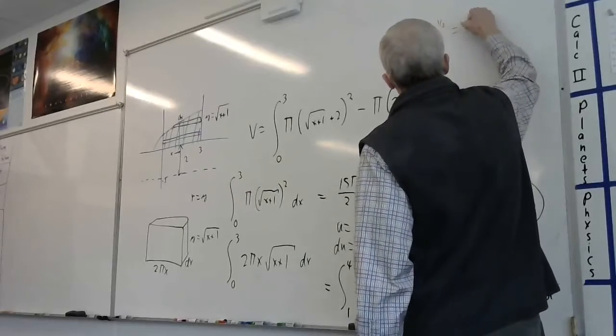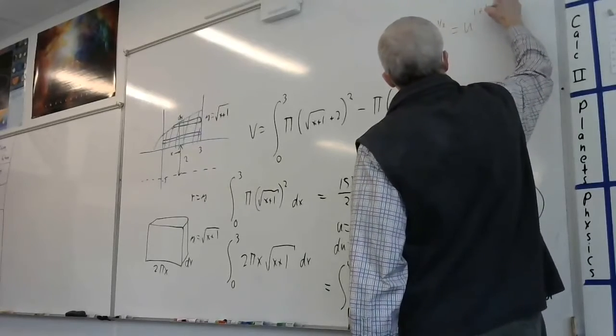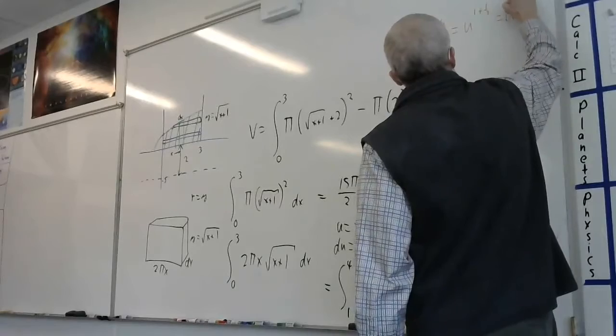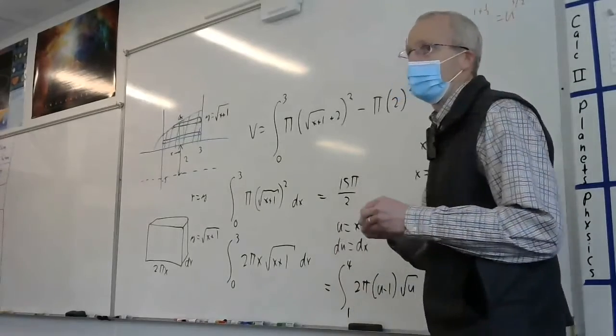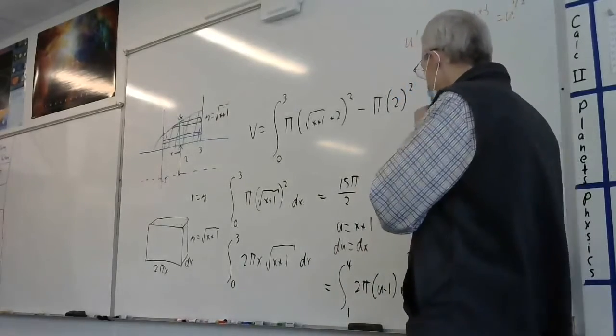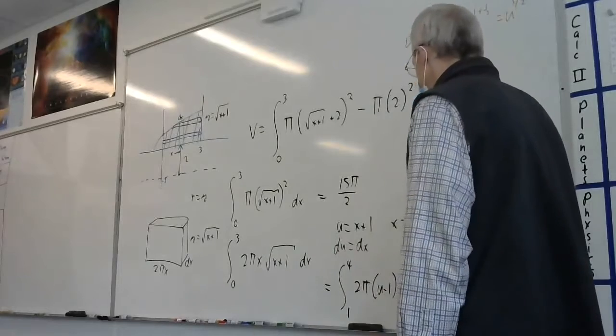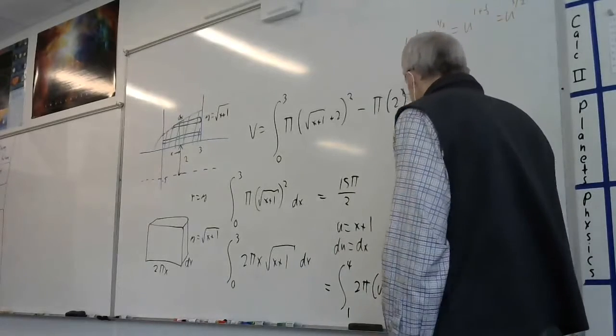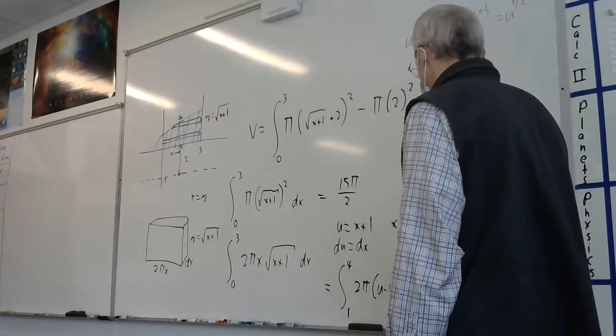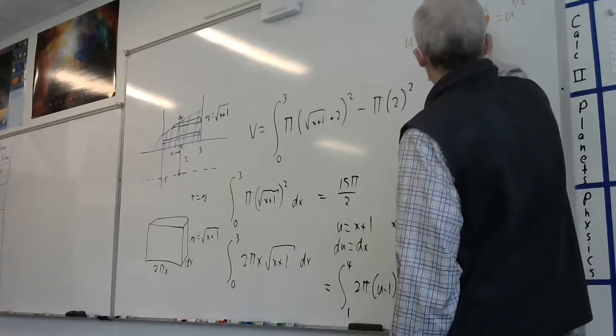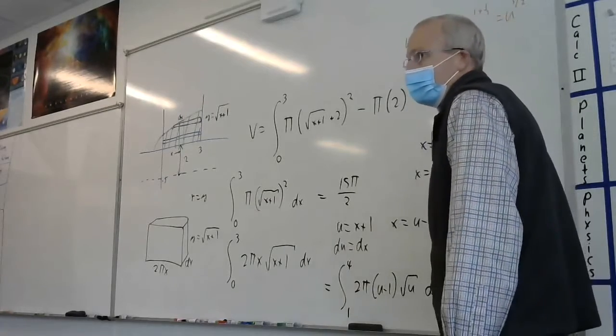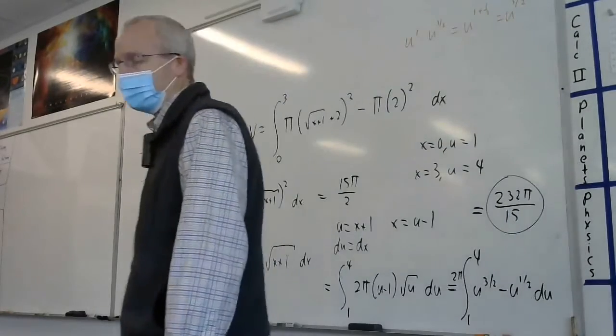So that's equal to u to the 1 plus 1/2, which is u to the 3/2. So if you multiply u's, you add the exponents. U to the 1/2 is the square root of u. But u times square root of u is u to the 3/2. So you've got to be really careful with all that stuff too.